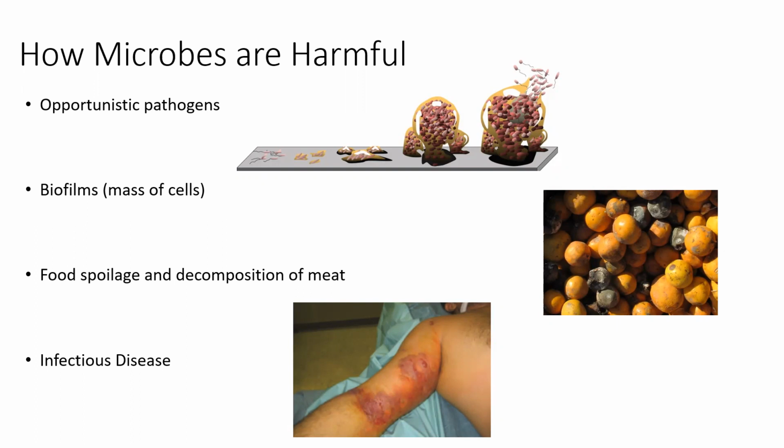All right, biofilms. So a biofilm is a mass of cells. They can be the same type of cell or organism, or they can be different types of organisms. As you see in this picture here, the different colored shapes represent different types of organisms.